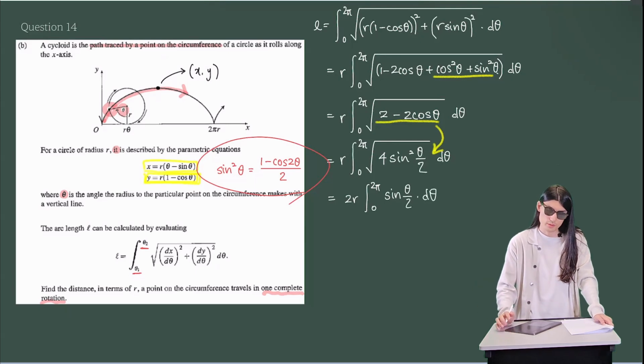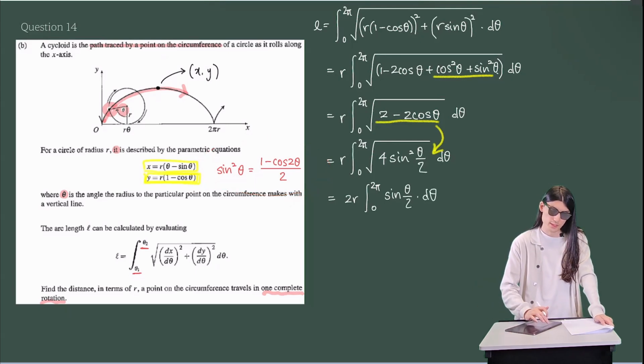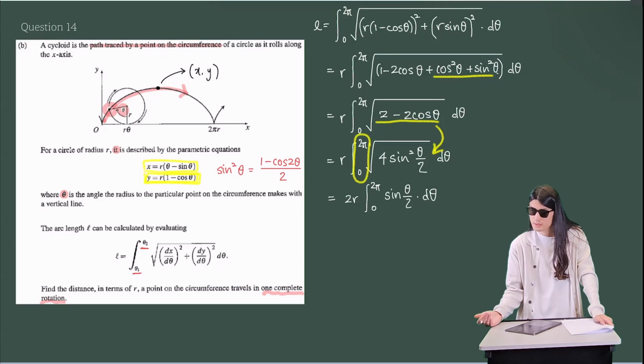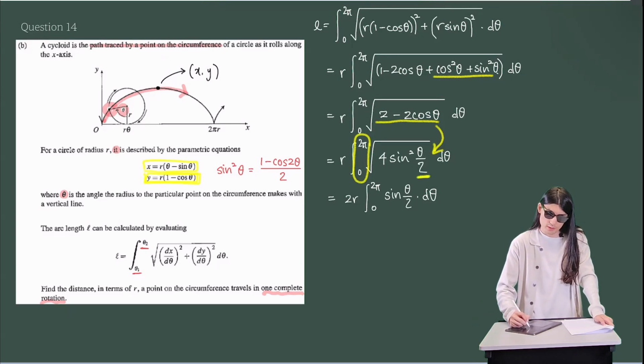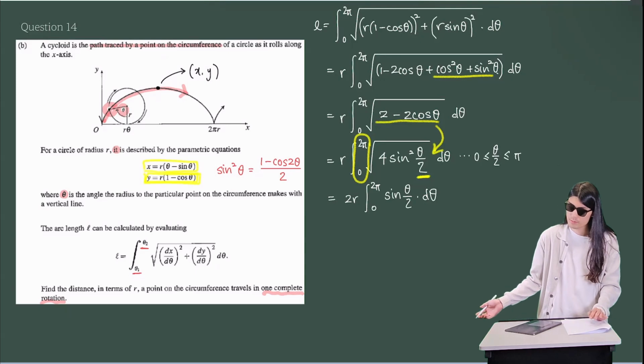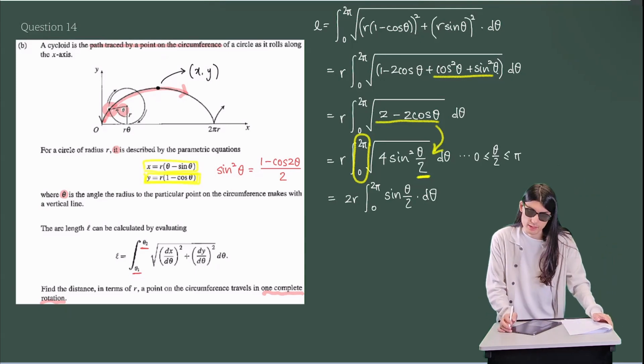Okay, and I also know that I can do this, guys, because for the boundaries considered in the question, that is theta from 0 to 2 pi, this angle over here, theta on 2, would then be between 0 and pi. Half of 2 pi, of course.